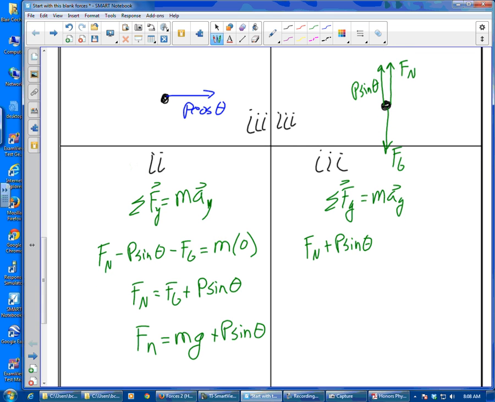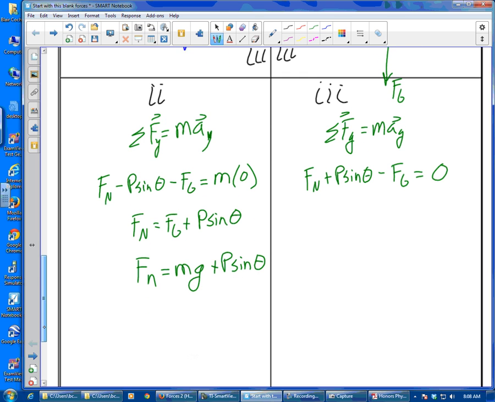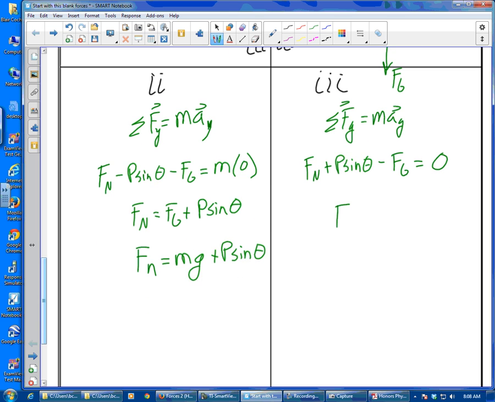They're upwards together, minus F sub G equals 0. And so rearranging, I get Fn equals Fg minus P sine theta. And so my force normal is mg minus P sine theta.